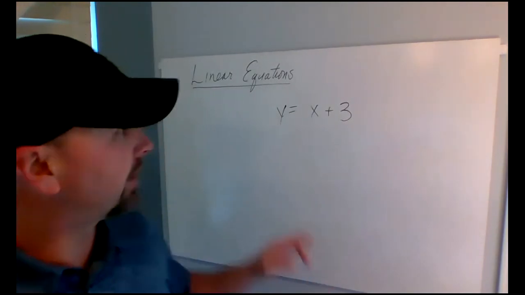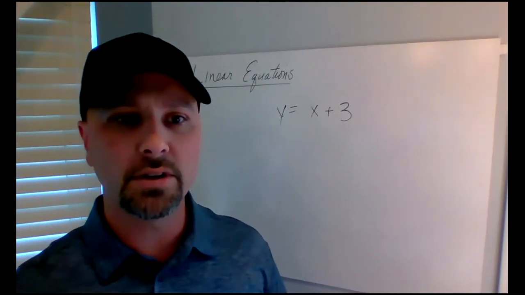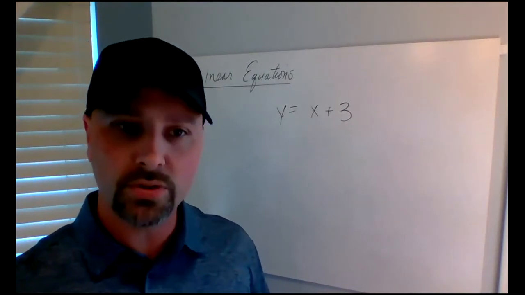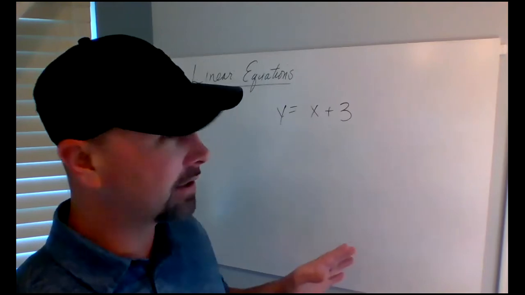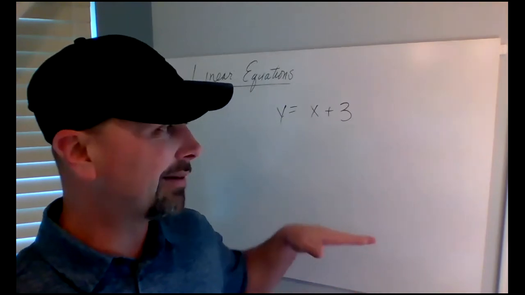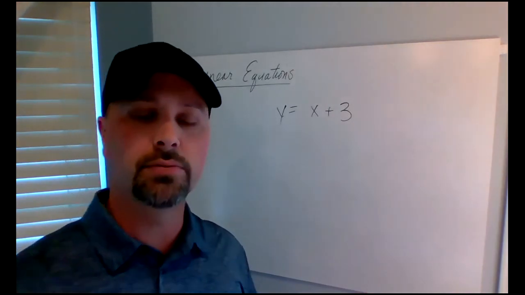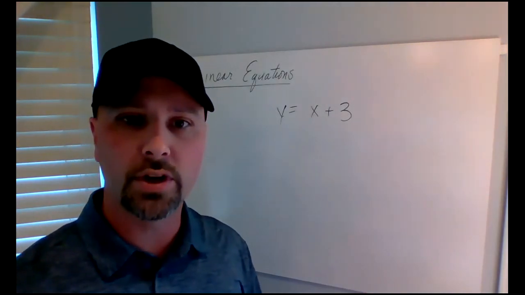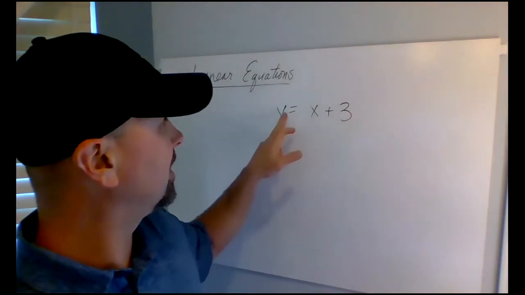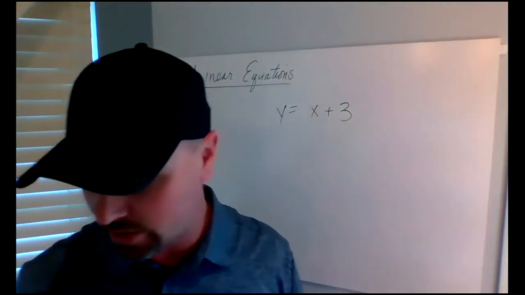Okay, so notice the two variables. A lot of times in these worksheets, we're using X and Y, because of the X-axis and the Y-axis. And so it just connects with the coordinate grid a little bit easier, but it doesn't always have to be X and Y. We can choose whatever letters we want.